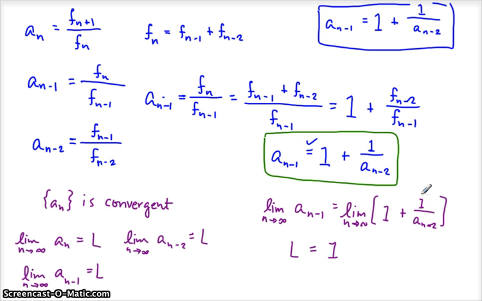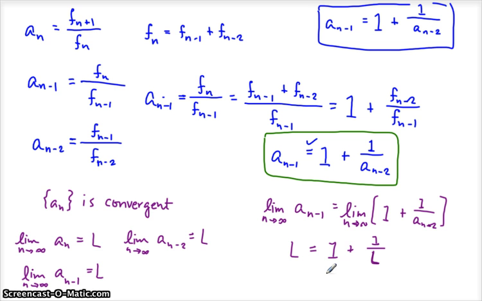Well, again, this one is just like our 1 over here. It's not affected by this limit, so it's still going to be just simply a 1. But our term in the denominator is going to become L. Why? Because it's part of what we just said right over here. The limit as n approaches infinity of a sub n minus 2 equals L. So there's the replacement. So at this point we have L equals 1 plus 1 divided by L.